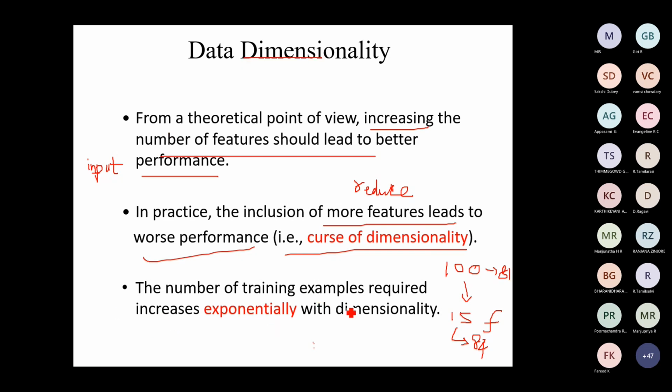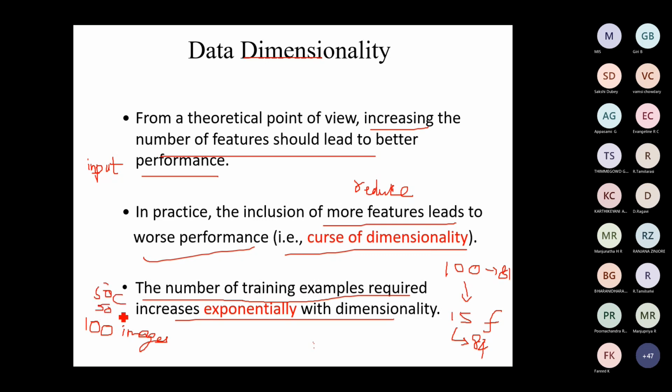Here there is another concept: the number of training samples required will increase exponentially with dimensionality. Let us say we have input cancer images. We have 100 images, 100 cancer and normal images, let us say 50 cancer and 50 normal.